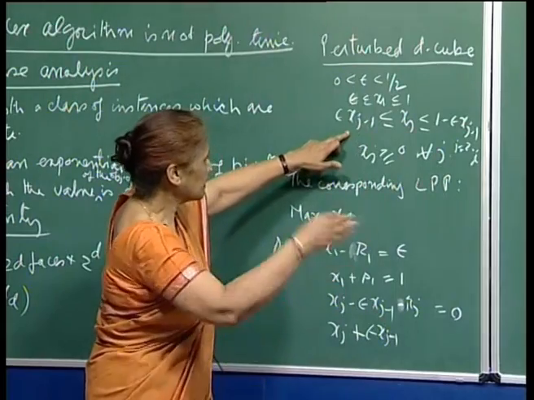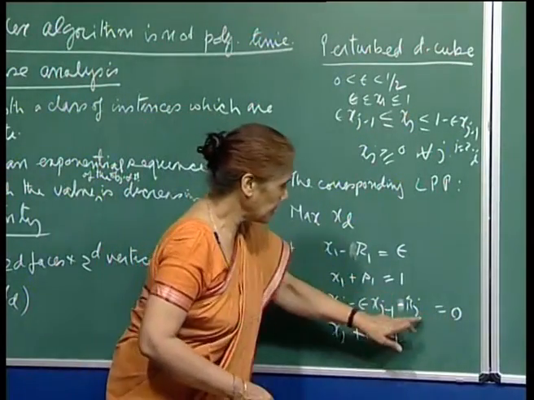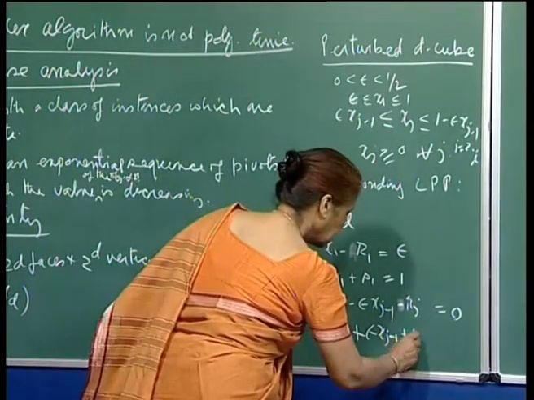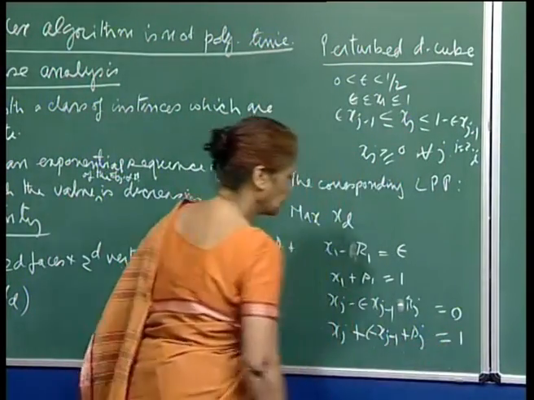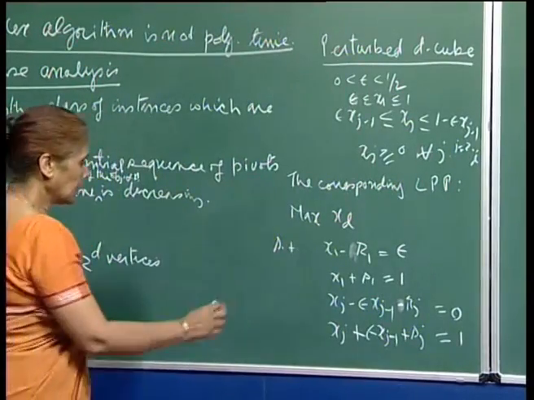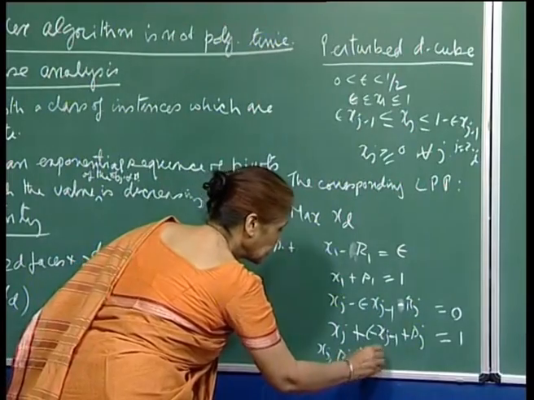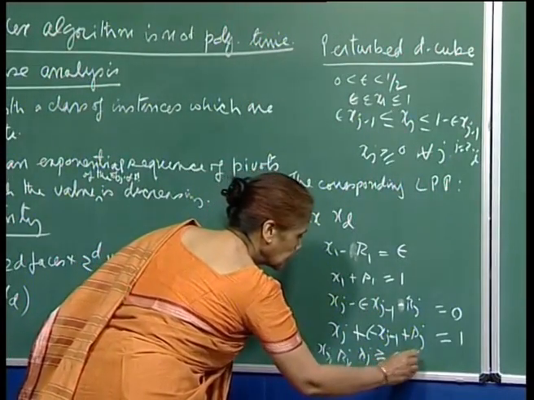When I bring it over, it is greater than or equal to 0, and to make it 0 I have to say minus r_j. And here, since it is less than or equal, that will be plus s_j, and x_j plus epsilon x_{j-1} plus s_j is equal to 1. All the variables x_j, r_j, and s_j are greater than or equal to 0 for all j.